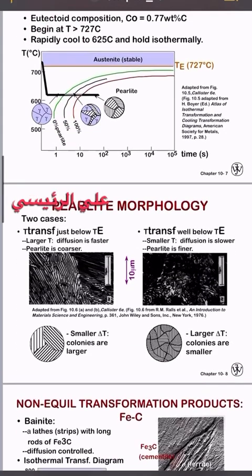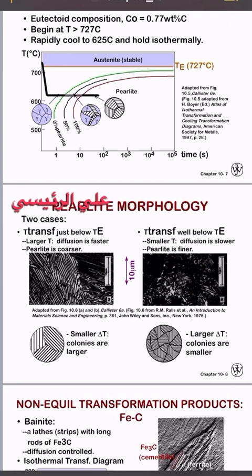Moving to the next slide, perlite morphology. We put perlite under the microscope to know its type. There is not only one kind of perlite. In this case, you see transformation just below TE and transformation well below TE.